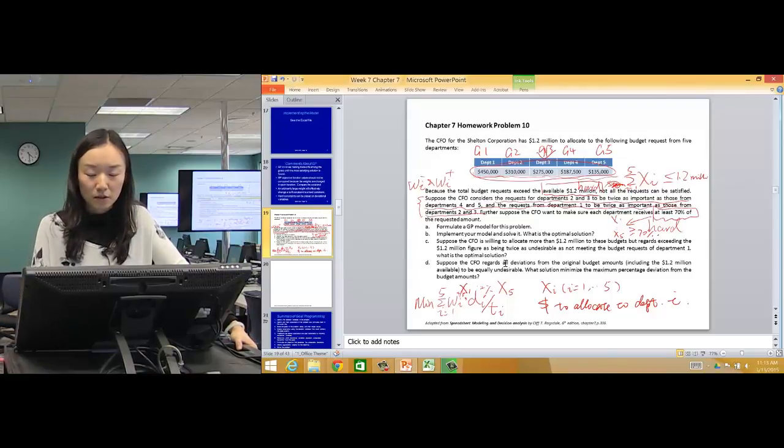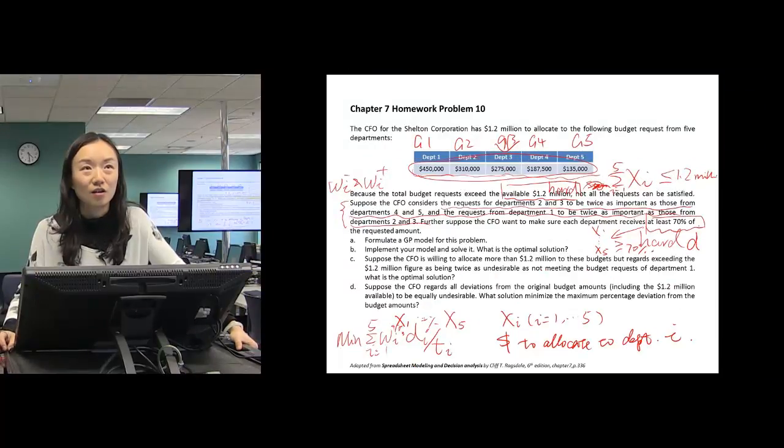Okay, yeah, but one thing you can do is, besides setting xi greater than or equal to 70% times the requested value, you can set the underachieving deviation to be less than or equal to 30%. Does it make sense?